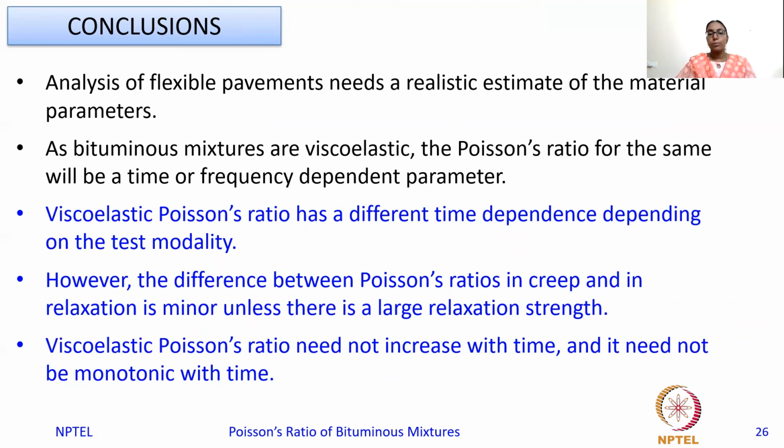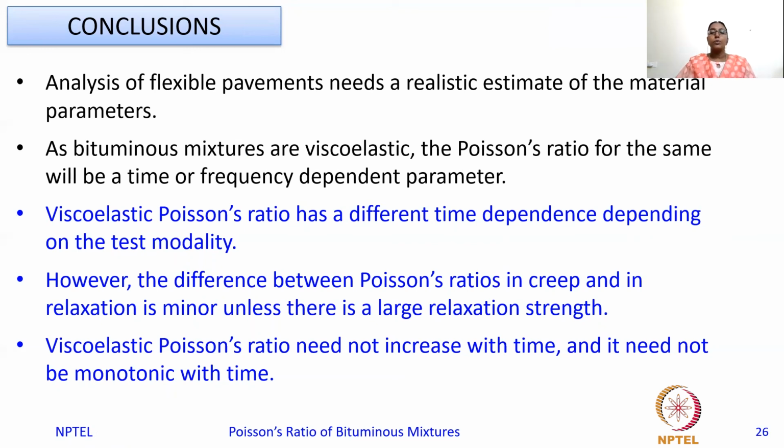And this viscoelastic Poisson's ratio will have different time dependence depending upon the test modality that we have chosen. We have discussed in this lecture different tests: dynamic testing in the frequency domain, a stress relaxation test, and a creep and recovery test. So one was in the frequency domain and the other two were in the time domain. We have seen that in all these domains, the viscoelastic Poisson's ratio will have a different time dependence.